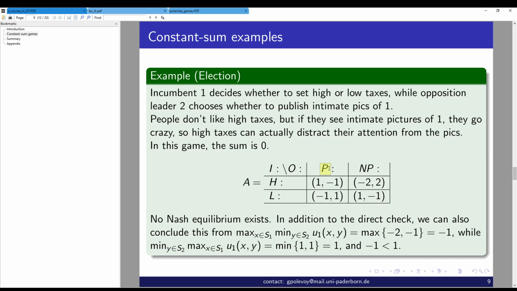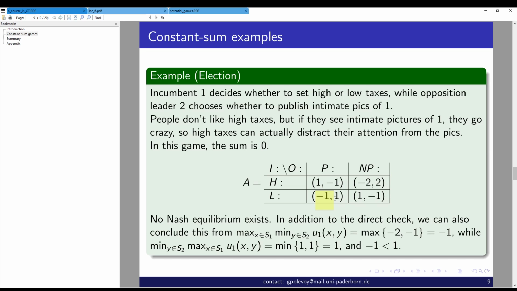So here high taxes can only help him, because they distract the electorate from thinking about those intimate pictures. So if the second player published the pictures, then we assume that high taxes actually benefit the incumbent, giving him 1, relative to low taxes, which give him -1. And as I said, the other guy's payoff is always the negative of the first guy's.